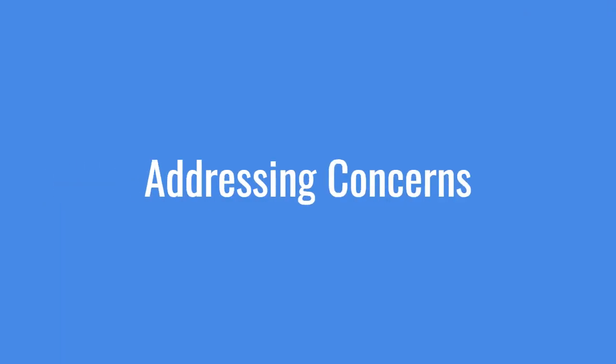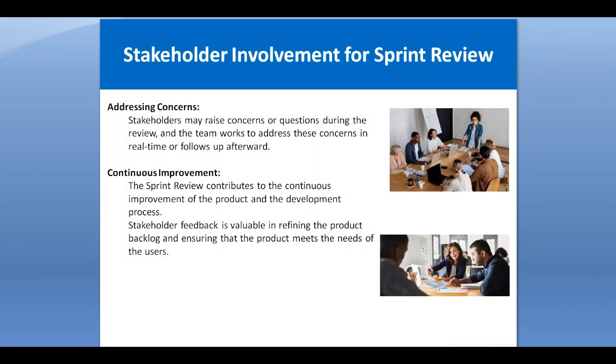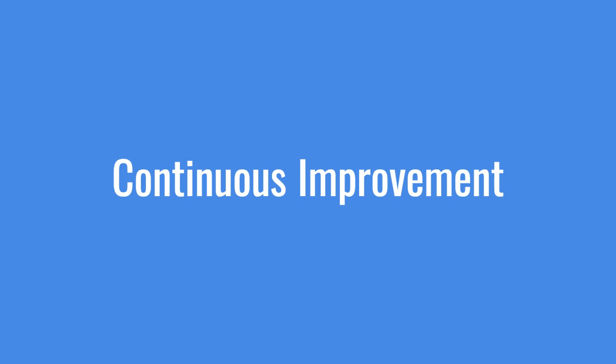Addressing concerns means the stakeholders may raise concerns or questions during the review, and the team works to address these concerns in real time or in follow-ups afterwards. Here, friends, whatever concerns have been raised, normally the Scrum Master and product owner note them down, and whatever needs to be improved should be improved in the next upcoming sprint. Continuous improvement.